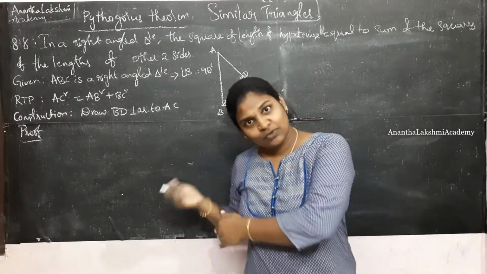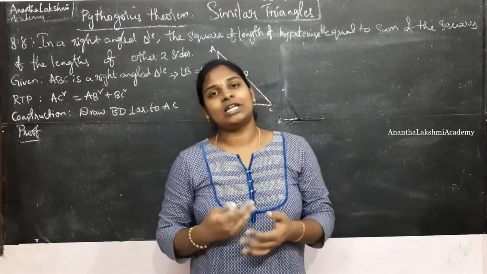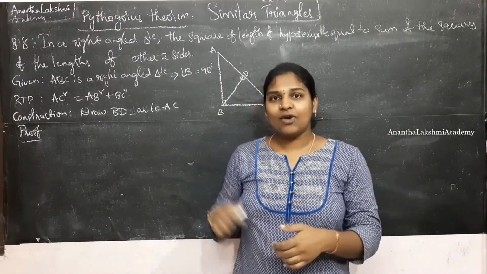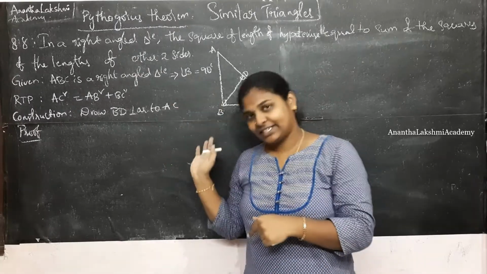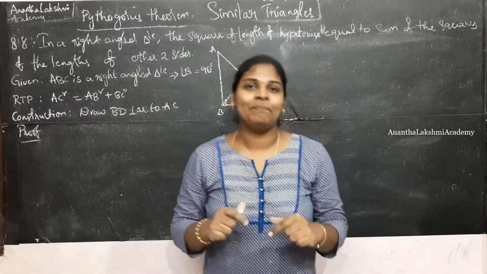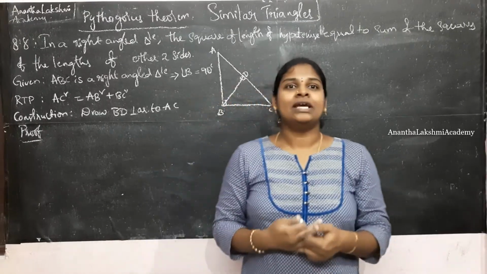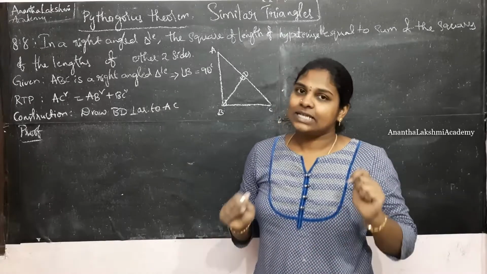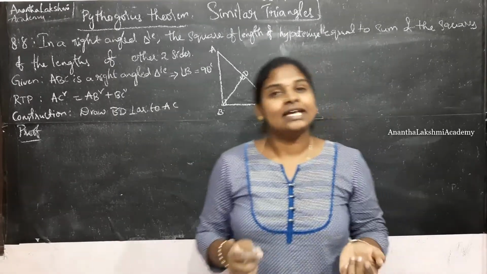And just before this Pythagoras theorem, we covered the areas of similar triangles concept, then solved 8.3, and after that we are at Pythagoras theorem. If you have not gone through those earlier videos, please go through them so that you will have a better understanding of this video.